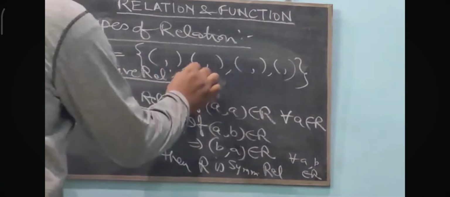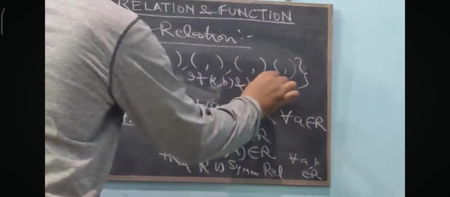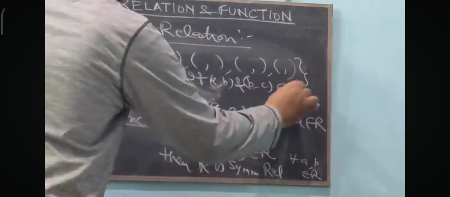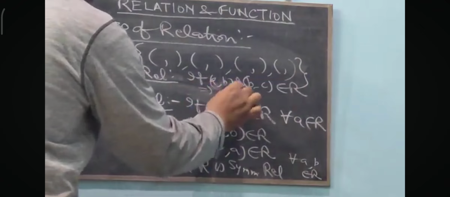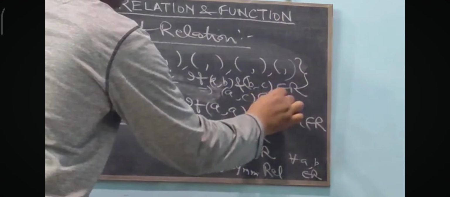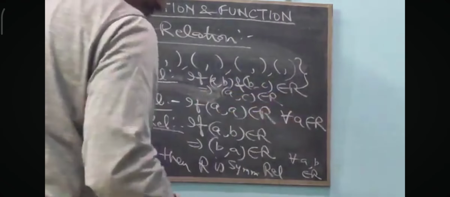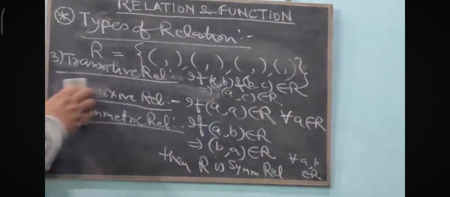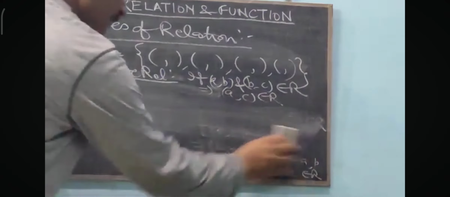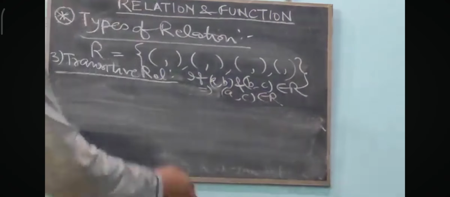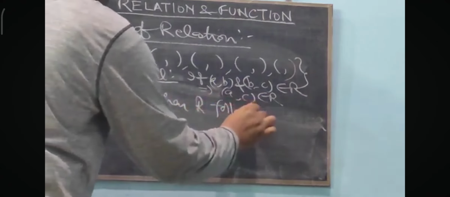It says if A comma B and B comma C belong to R, and if this implies A comma C belongs to R, then we say that R follows the transitive law.